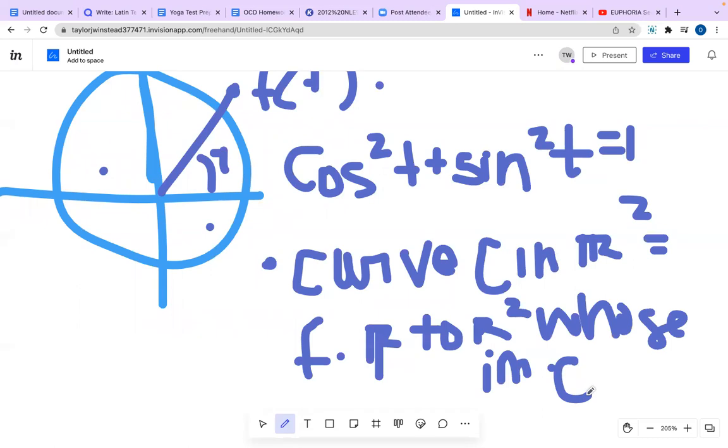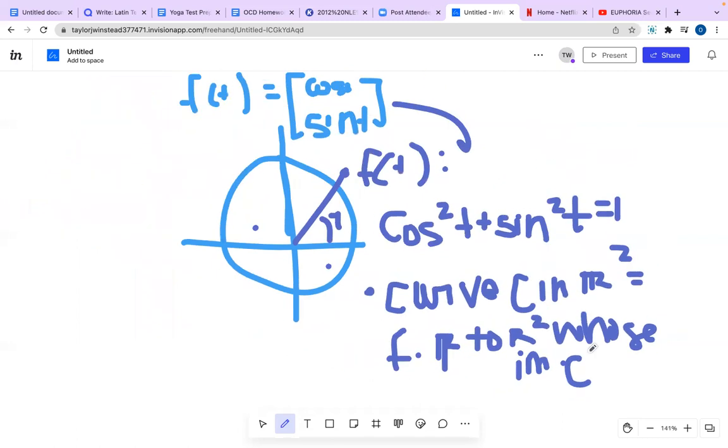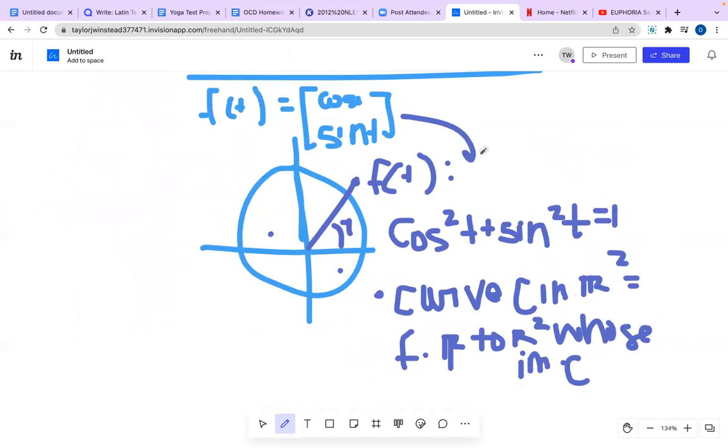So in this case, the curve C is the unit circle and the function is cosine t, sine t, and its image is that curve.